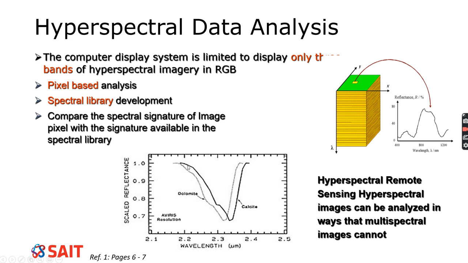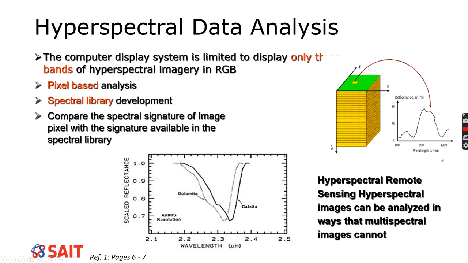Then we can take this data here and compare it to a library that has been set by other scientists that have done this over and over and over again and said this is the shape that this particular mineral or organic material is going to have. So then we can compare it and say, oh, okay, this one matches this in the library, so I now know what that material is.